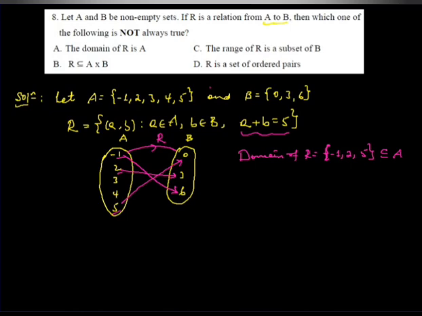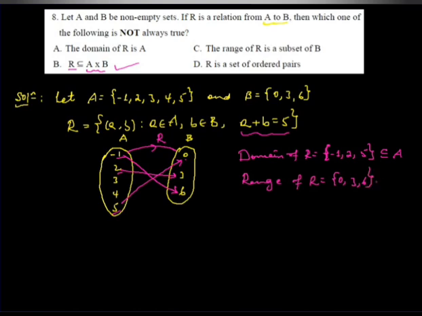A cannot be the same as the domain of R for every relation, but by definition R is a subset of A cross B. Any relation is a subset of A cross B. By definition B is always true. The range of R is a subset of B. Here the range of R is 0, 3, 6.